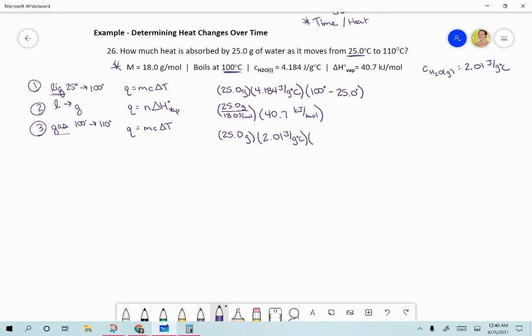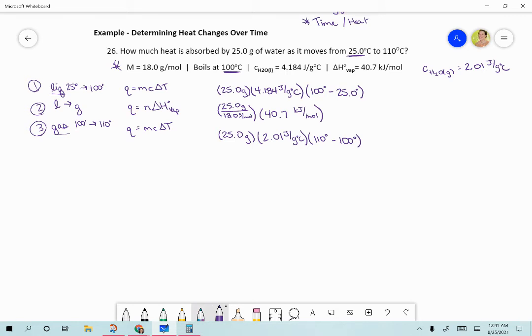And its temperature change, the final temperature in my problem is 110 degrees. And the initial temperature of my gas isn't 25 degrees. I don't have gas until I have 100 degrees. So my initial temperature of my gas is my boiling point. So this is everything that's filled in.